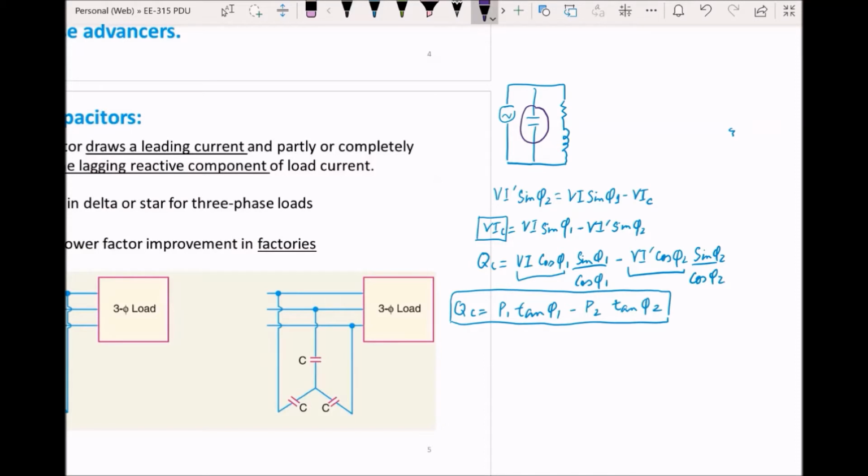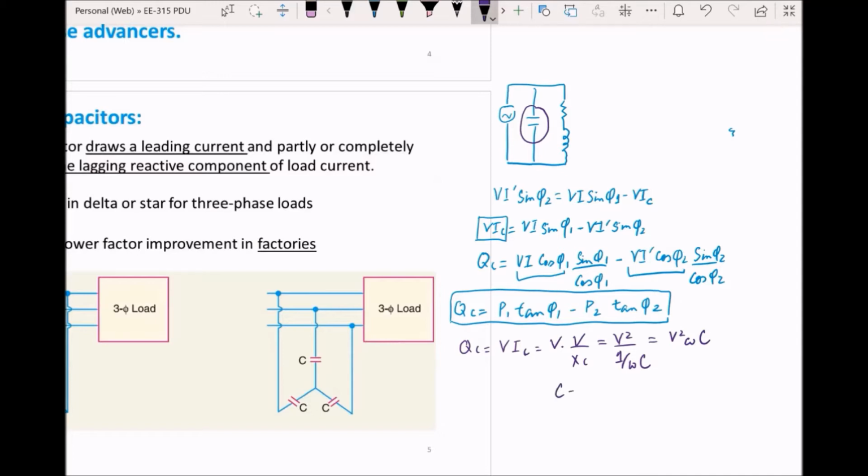We also know the expression Q_C equal to VI_C, which can also be written as V times V divided by the reactance, and that can be equal to V square divided by 1 over omega C, and eventually this will be equal to V square omega C.